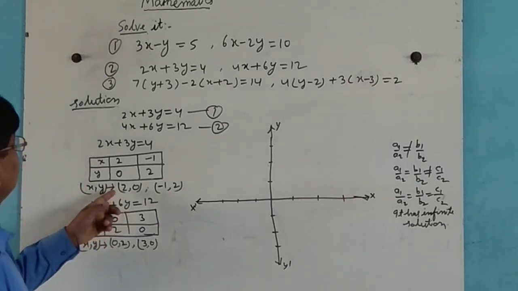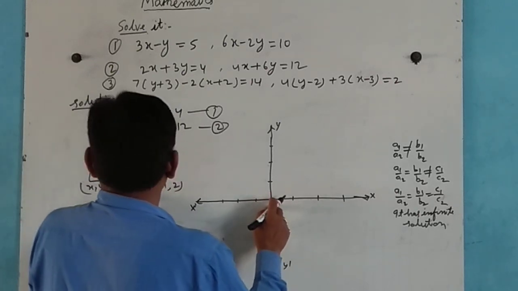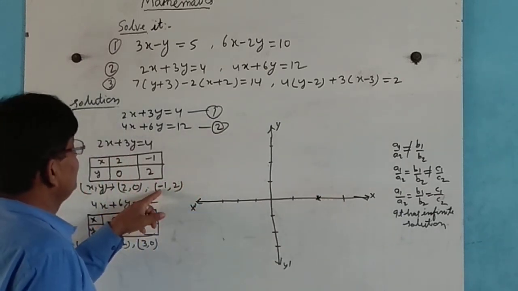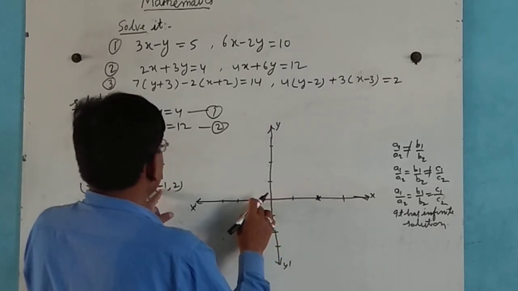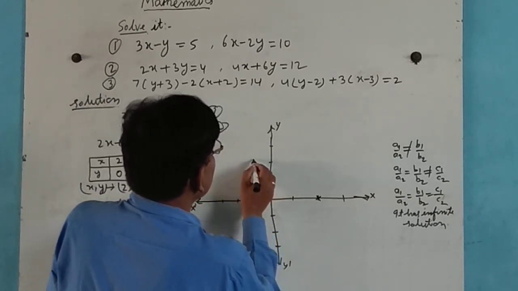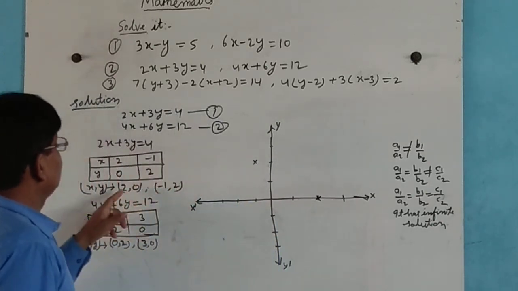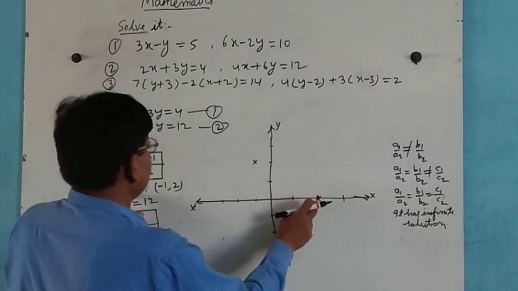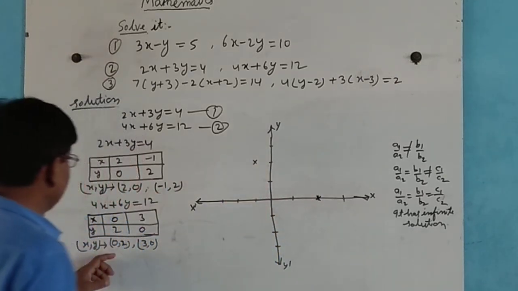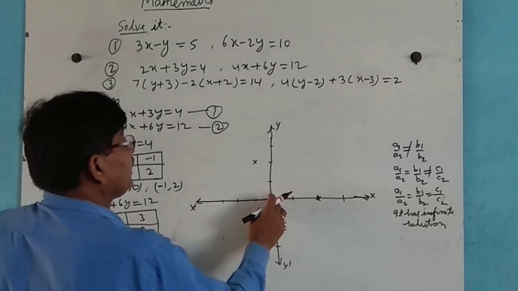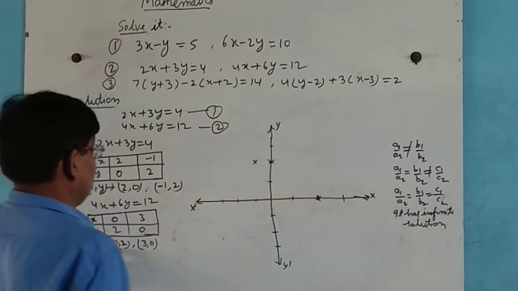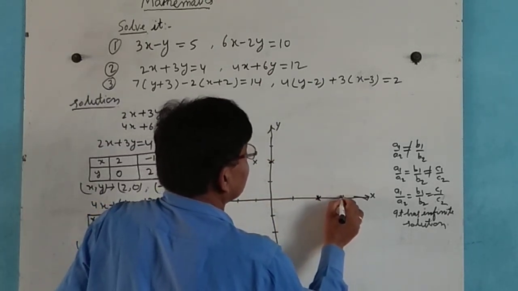Now we plot the points x, y: 2, 0, and minus 1, 2. Second points: 0, 2 and 3, 0.